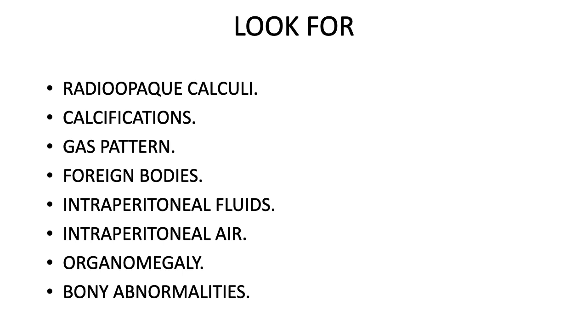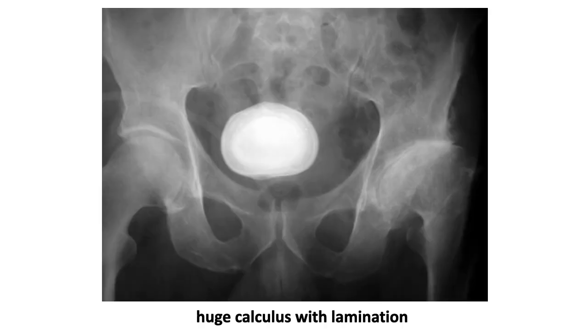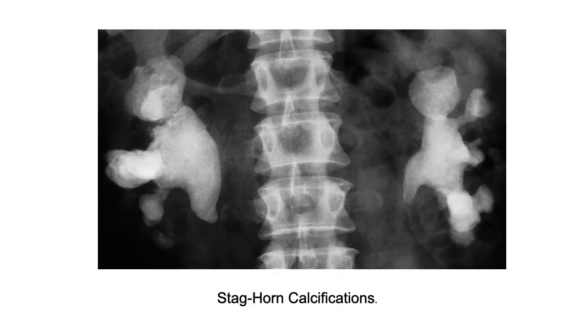So let's start with the calcifications. This is an example of a huge calculus with lamination in the urinary bladder. You can see this is the pelvis area, and we show you this huge calculus in the urinary bladder. Another common type of calcification is the staghorn calcification.